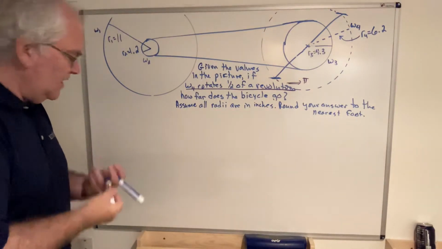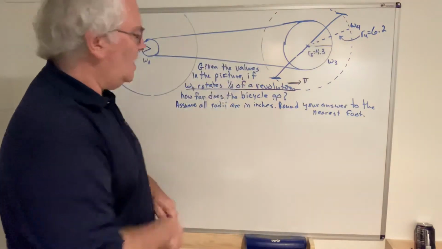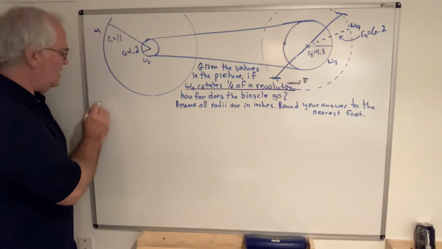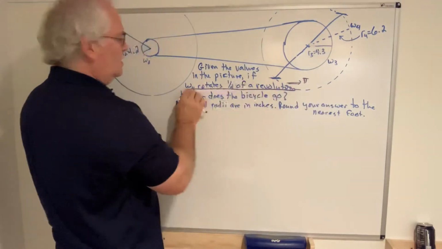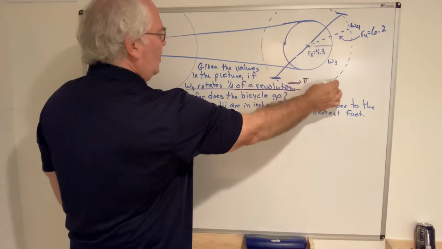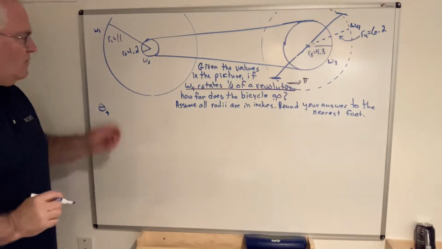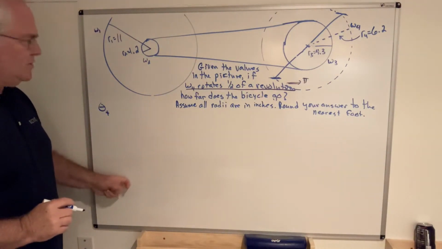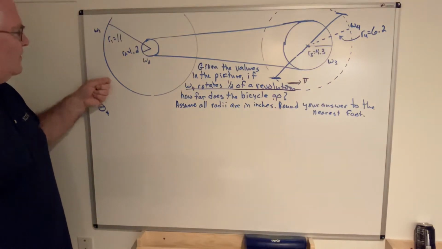So we're given the angle of rotation for wheel number 4. And from that, we find a string of values. The last thing we're interested in finding is S1, the arc length for wheel number 1.